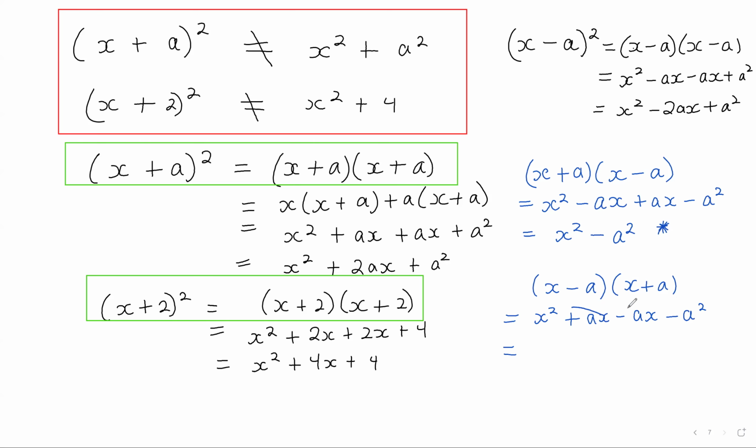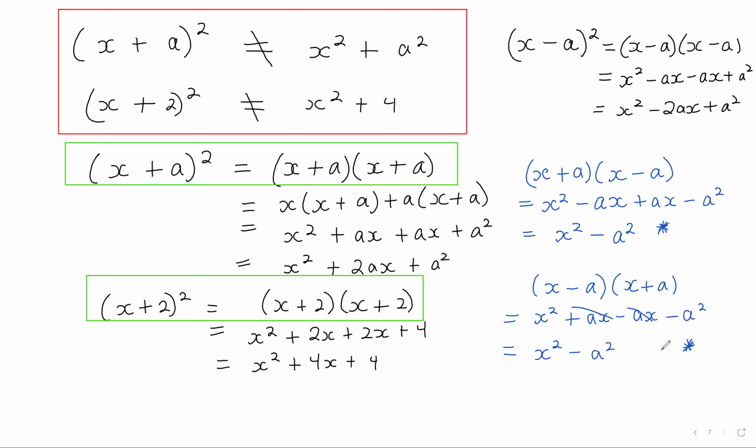Again, these two will cancel out because it's plus and minus, which will be 0. So this will be x squared minus a squared. So it's the same thing. It doesn't matter whether you have the minus in the first bracket or the second bracket. You're still going to get the same answer, and it is called a difference of squares.